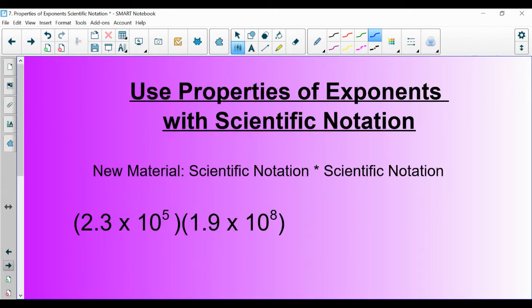So let's say you had the number 2.3 times 10 to the 5th, and you were multiplying that by 1.9 times 10 to the 8th. How you would actually do this multiplication is you're going to take the 2 numbers and multiply those. 2.3 times 1.9 is 4.37.